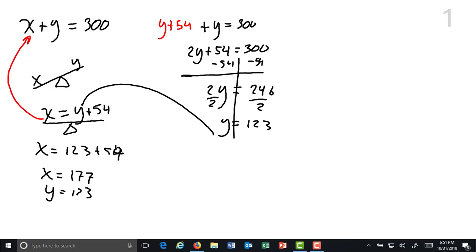Okay, so that is substitution. Now, I could put this y equals minus x plus 300, couldn't I? And I could write this as y equals x minus 54. And there are my two equations.